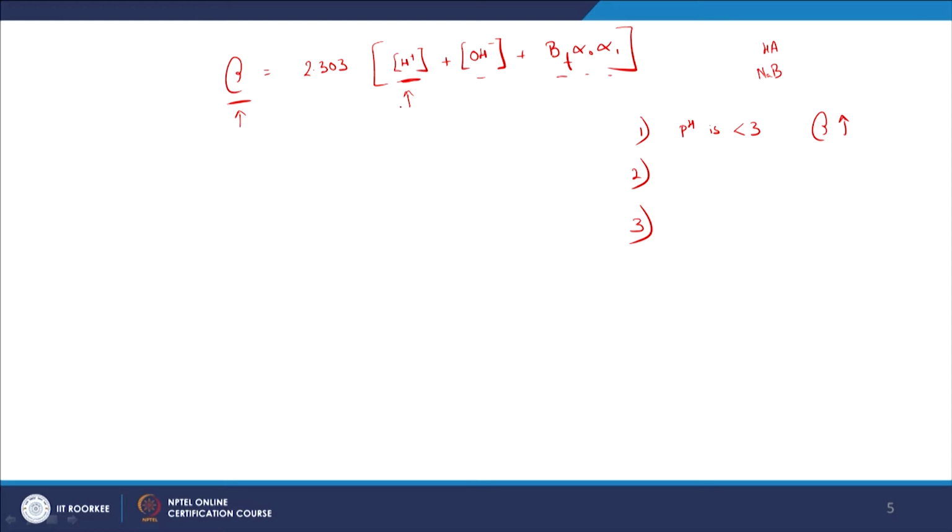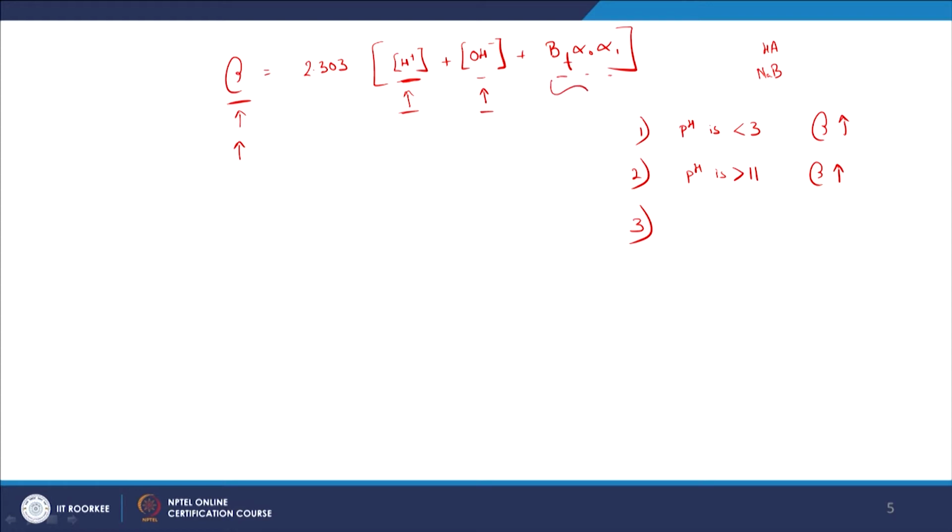That is what you see. And why is that? We are going to try to understand that later. The other aspect is when the OH minus concentration is high, you again see that the buffer intensity is going to be high. So, let us say when the pH is greater than 11, again you see that the buffer intensity is going to be high. We are going to try to understand this, but let us just plug them in now.